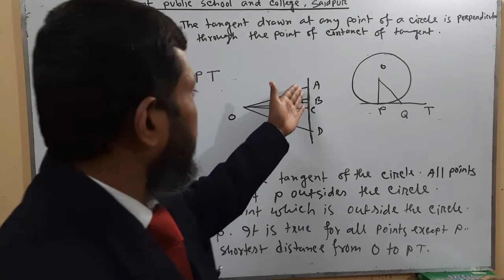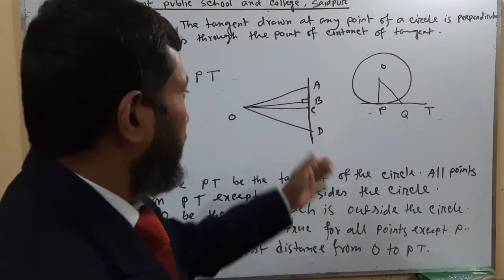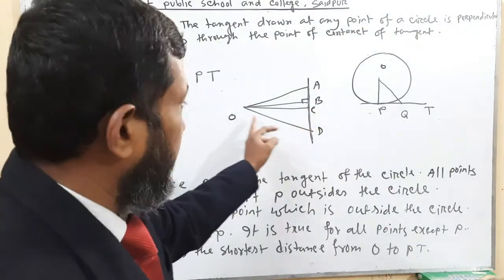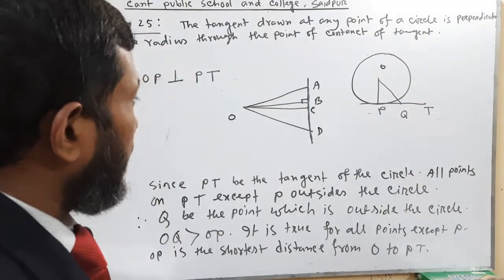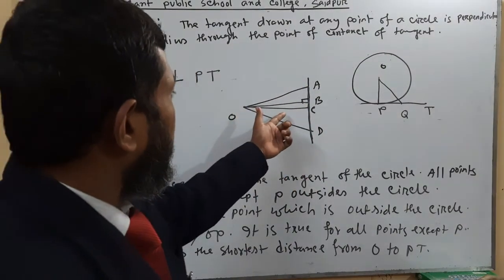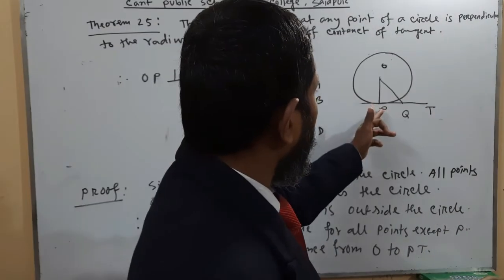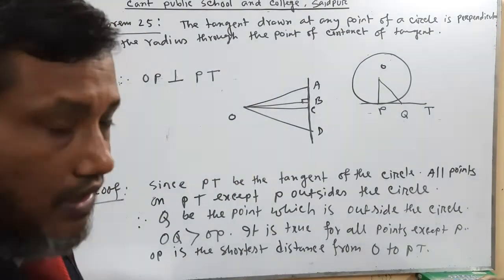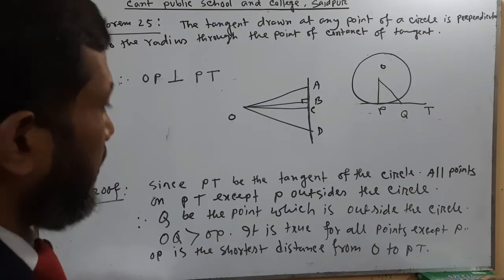So what will be the distance from center to the straight line? Here OB is the shortest distance, that is OB is perpendicular to this straight line. So according to this discussion, we can tell here OP is the shortest distance from center to this PT, that is OP is perpendicular to PT.